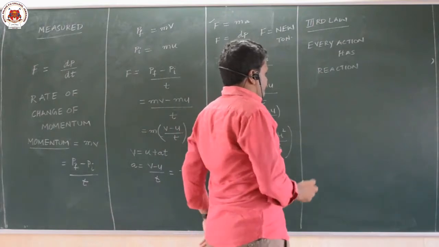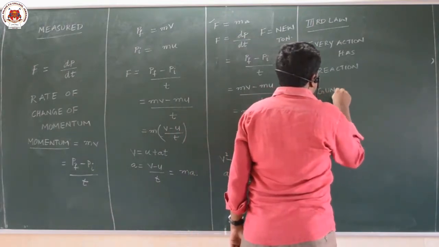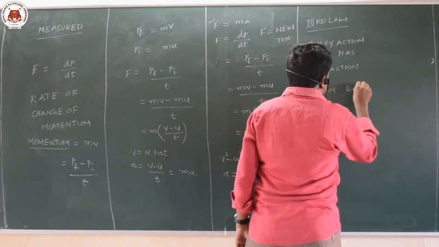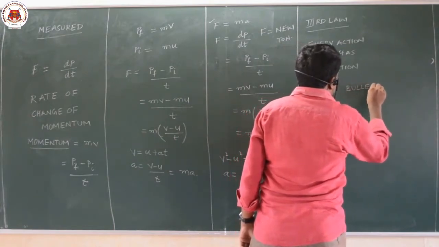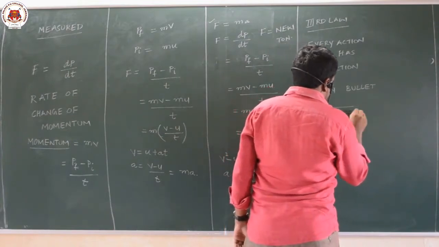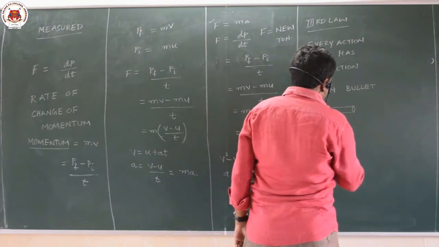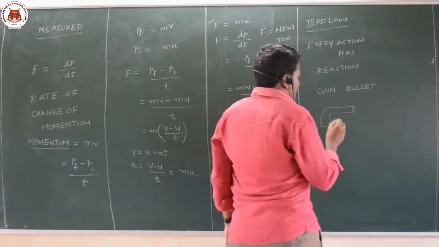In the case of a gun-bullet system, let us assume this is a gun, having a bullet.